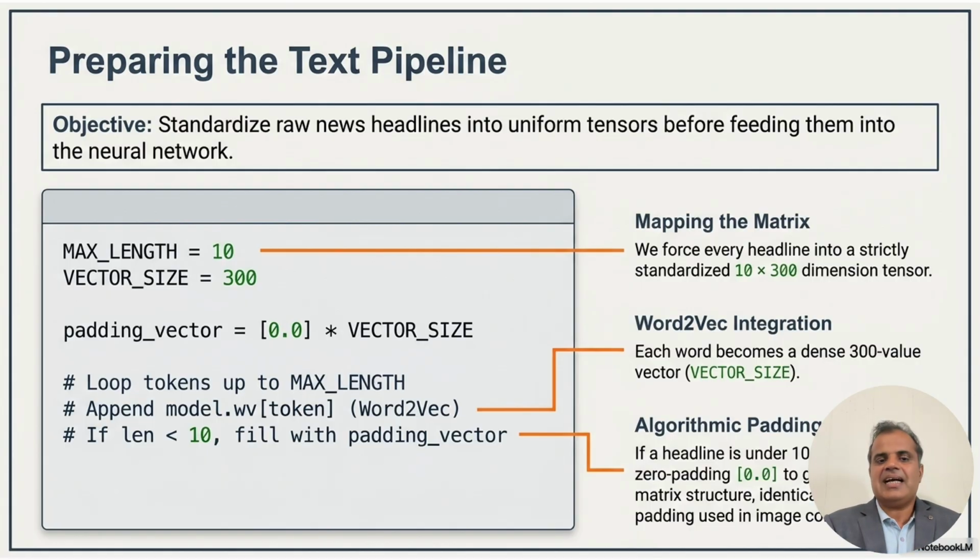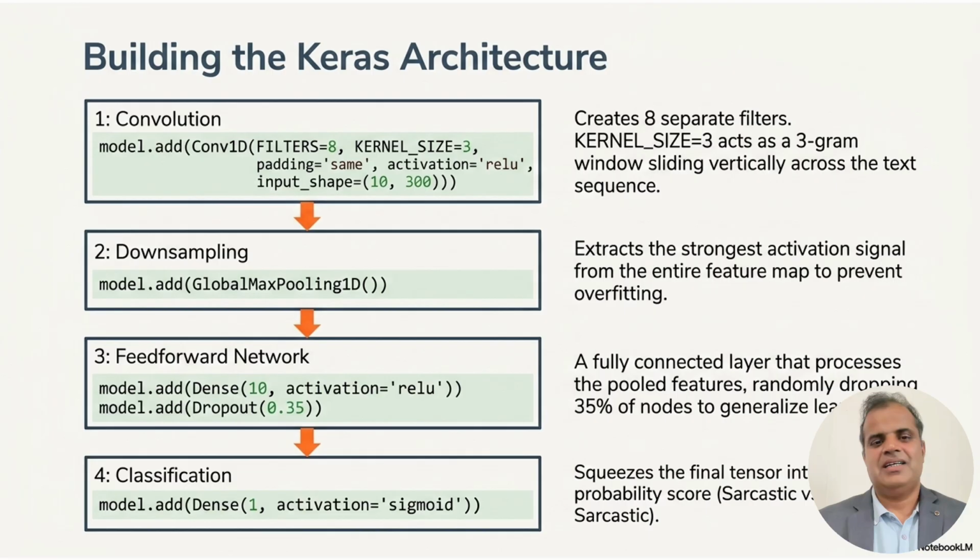This acts exactly like the edge padding we saw earlier, guaranteeing every headline enters the network as a flawless, uniform 10 times 300 grid. Let's take that structured pipeline and feed it into our Keras model architecture.